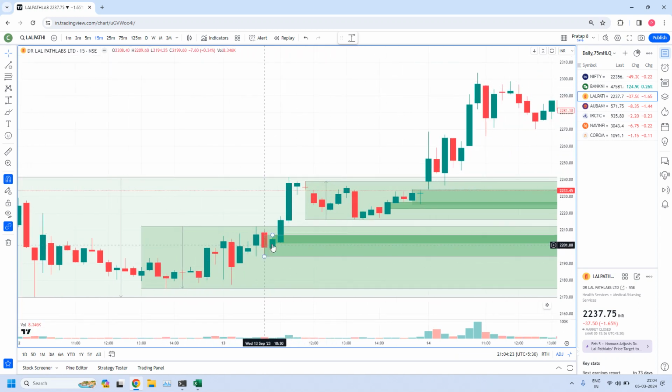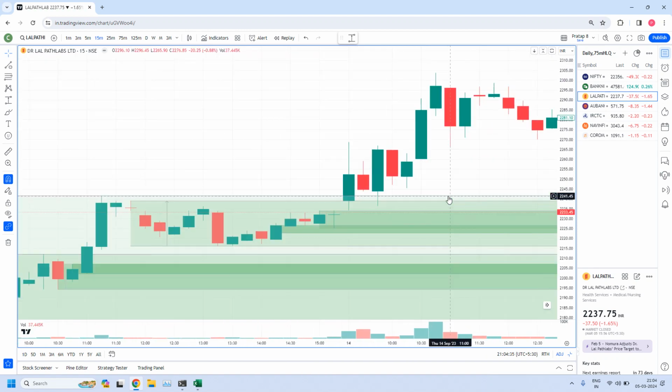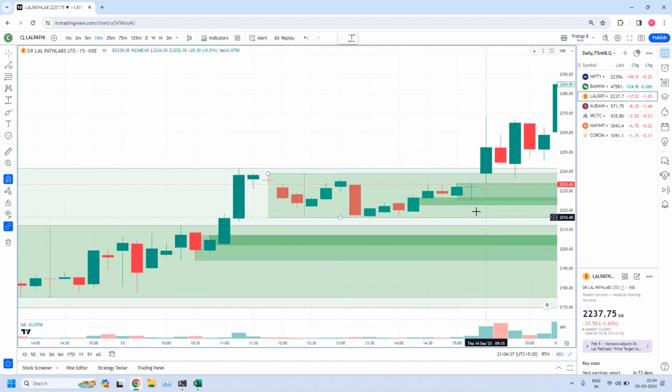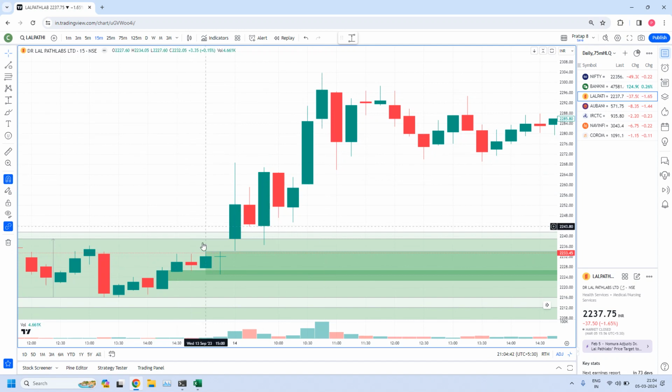Okay, this is valid. Drop base rally. Inside this 75 minutes, this is a fresh zone. We have a drop base rally, and inside we have identified this 5-minute zone. Again here, we have a medium size base candle, medium size leg candle, medium size base candle, and you have a rally candle with gap.